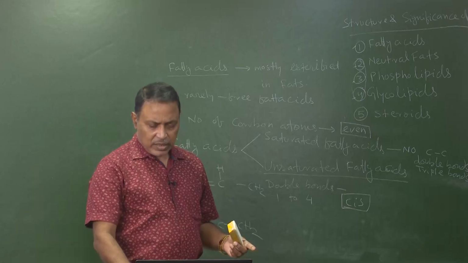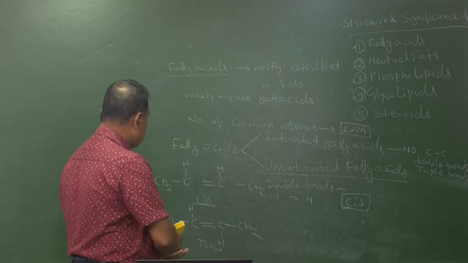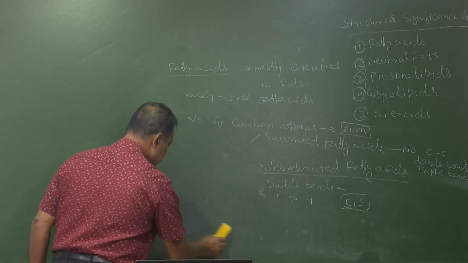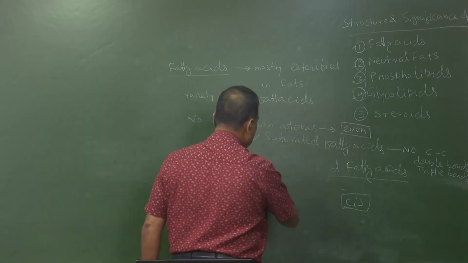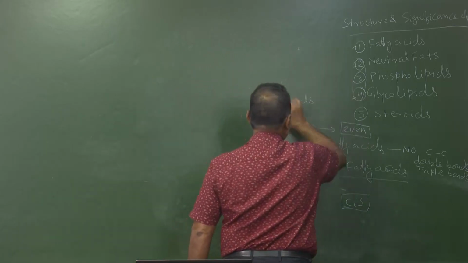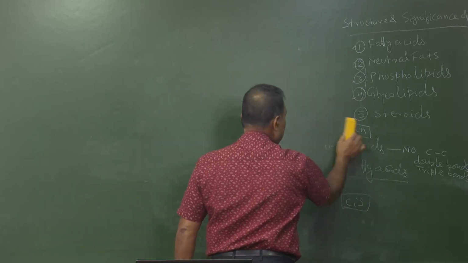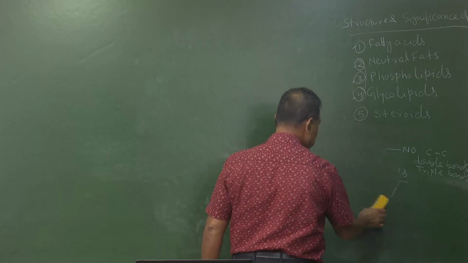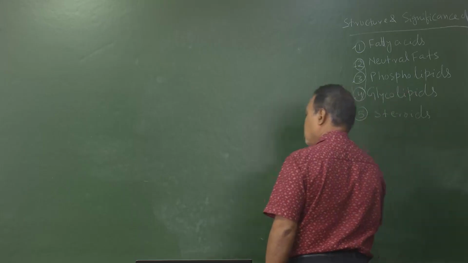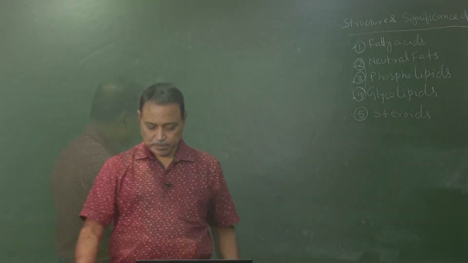Now we will see some saturated and unsaturated fatty acids, what we find in nature. We will just have a survey. First, we will check these saturated fatty acids. As I said, they are very simple to write.